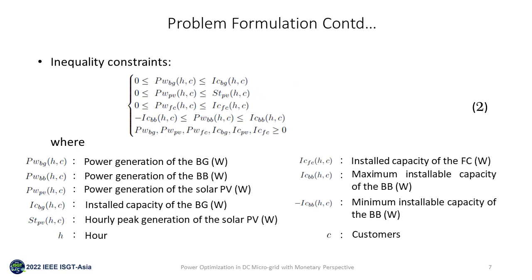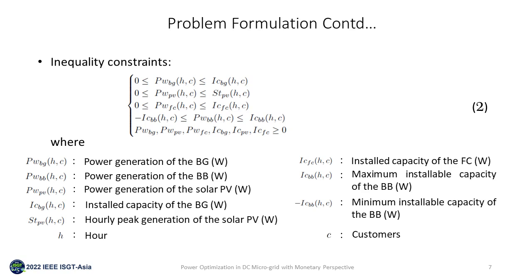Additionally, we have an inequality constraint expression as shown in 2. This conveys that the power outputs of the biomass gasifier, photovoltaic, and fuel cell should be greater than 0 and lesser than their installed capacities, and in the case of solar should be lesser than the hourly peak generation of the solar PV.